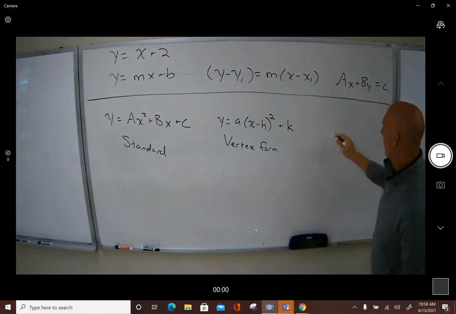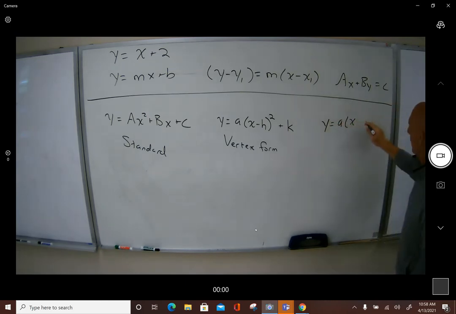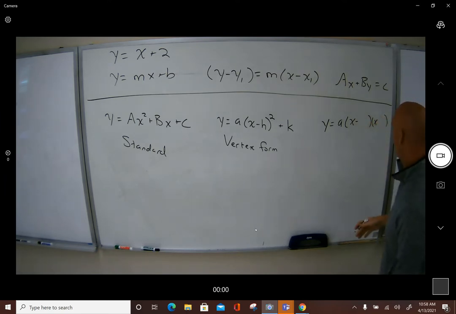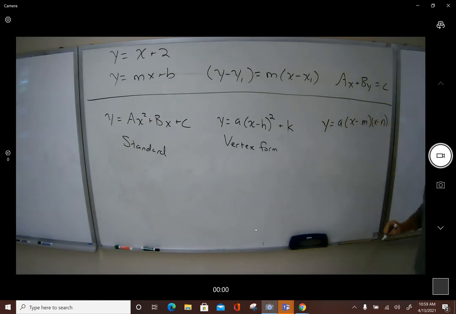And our last one is y equals a outside of x. And then really it could be anything here, but it's two parentheses. And it'd be x minus, you can put really any letters here. You don't want to use h and k. I'll just use m and x minus n. Okay?